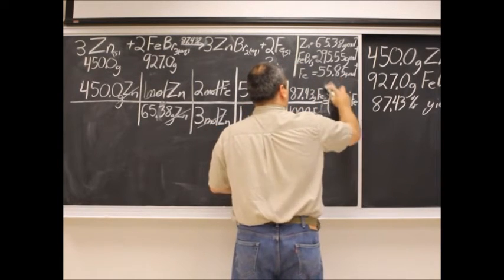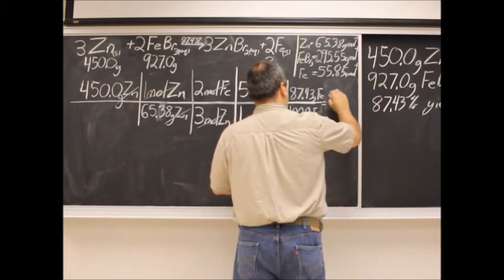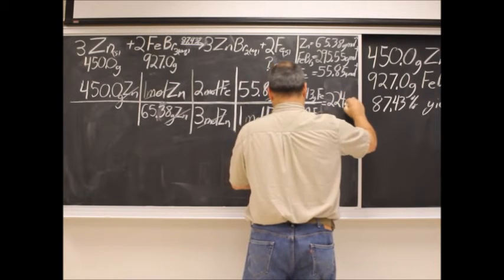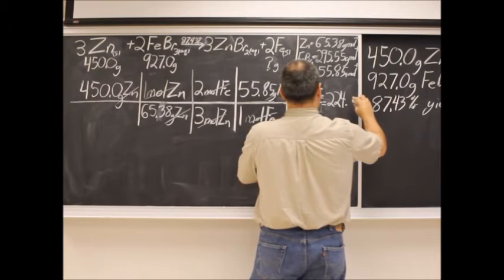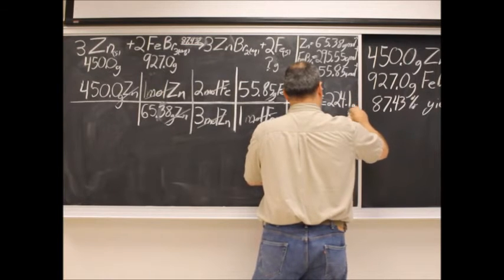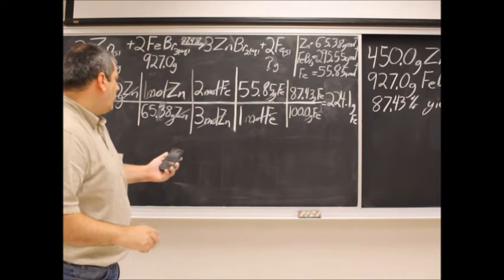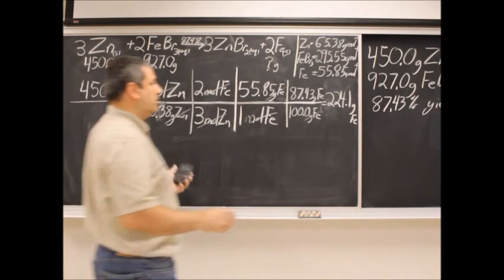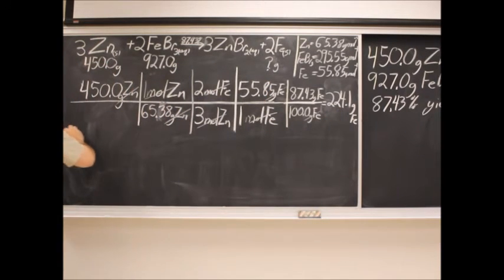Let me rewrite this. Double checking my significant figures. So 224.1 grams of iron. Okay? That's with our 450 grams of zinc.